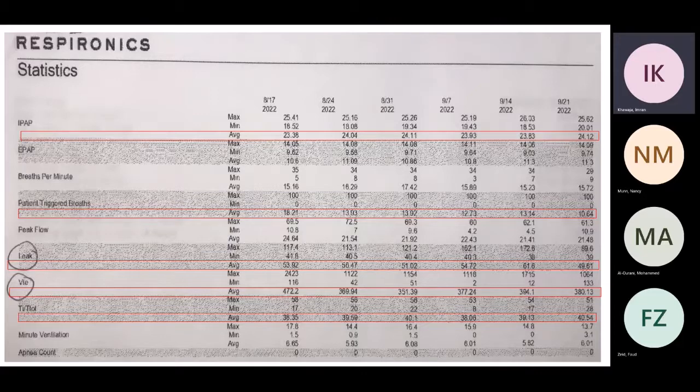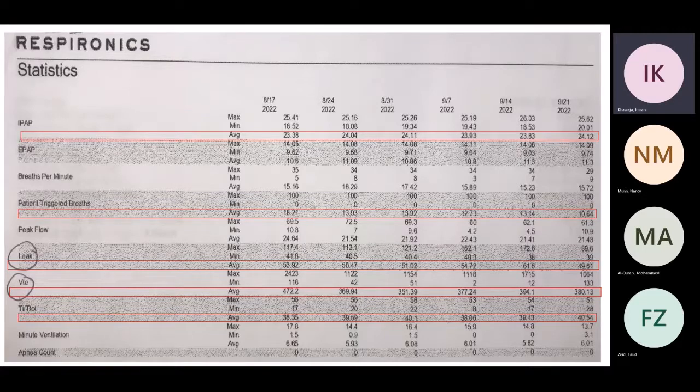in percentage. So what you have here in percentage is the average patient triggered breaths. This is the percentage. Okay, so their respiratory rate at night, like 18% average, for the whole week, every particular night. So that's not the rate.